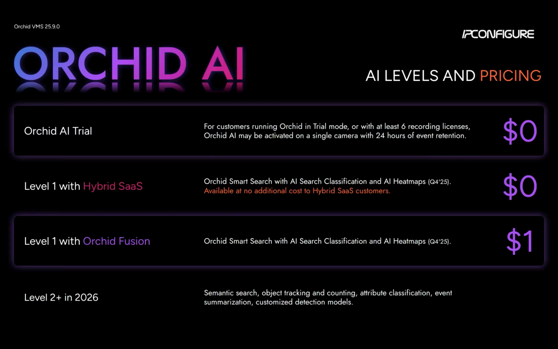So those additional levels will include things like semantic search, being able to give just a general Google search type query and have that return AI search results. We have some object tracking and counting that we're working on, attribute classification, event summarization, customized detection models, et cetera. Those are the types of features we'll see in more advanced AI levels in the months and years to come.